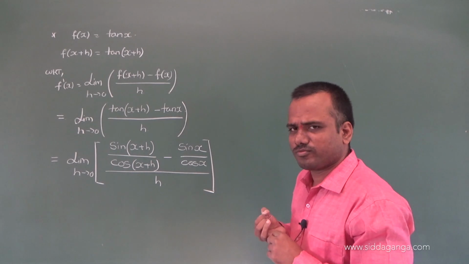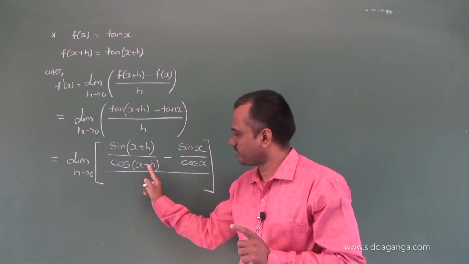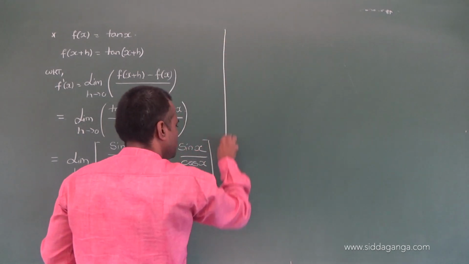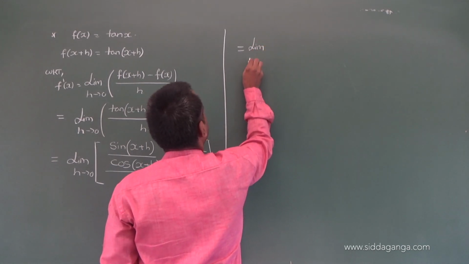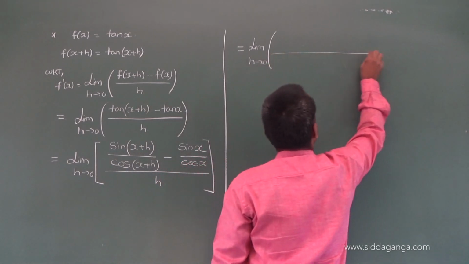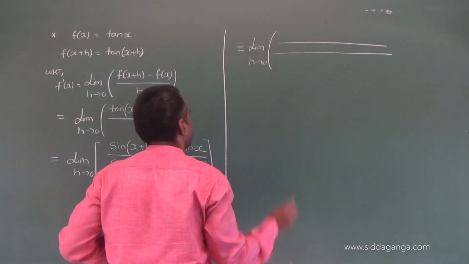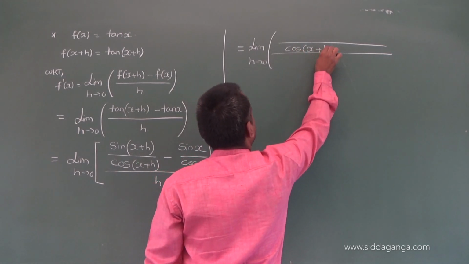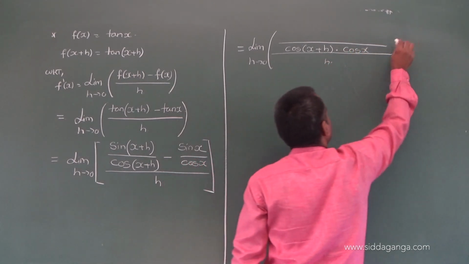Next step, I take the LCM: cos of x plus h into cos x. Observe here, very important. That is equal to limit h tends to 0. In the numerator, I take the LCM cos x plus h into cos x, and this h stays as it is.